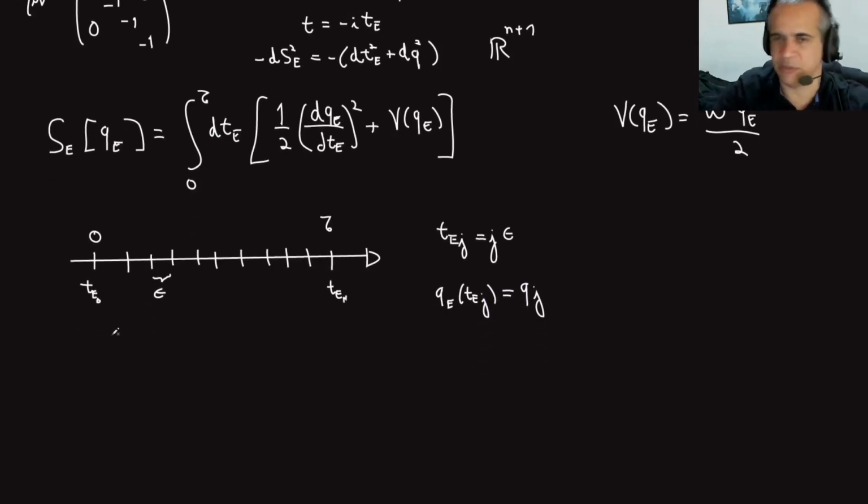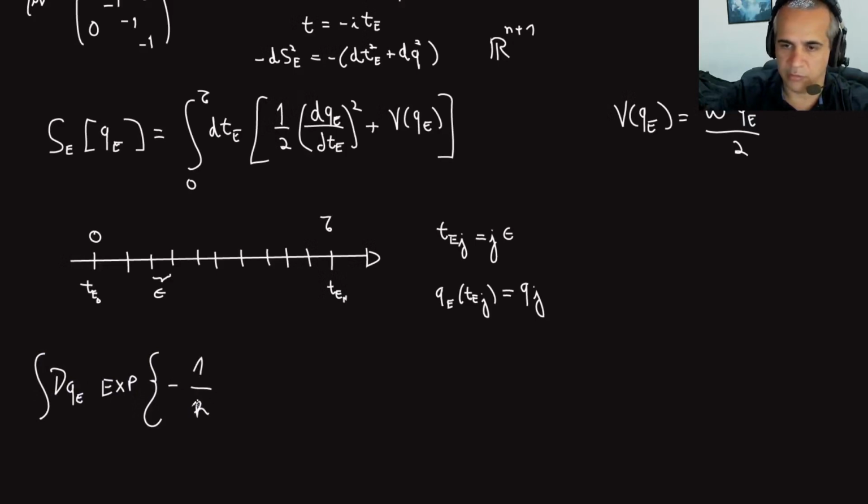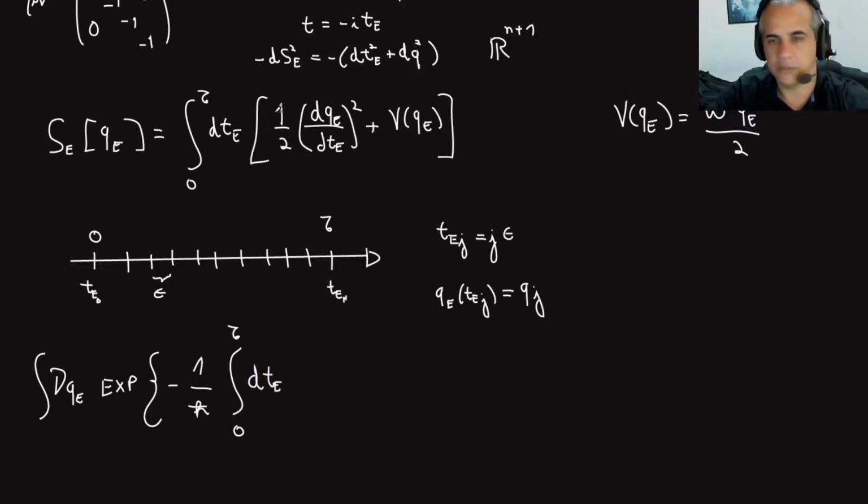That means that my partition function or my generating function, or any quantity that I calculate, will be the path integral in Euclidean time of the exponential of minus 1 over h bar of that action, from 0 to tau, dt_E of this.